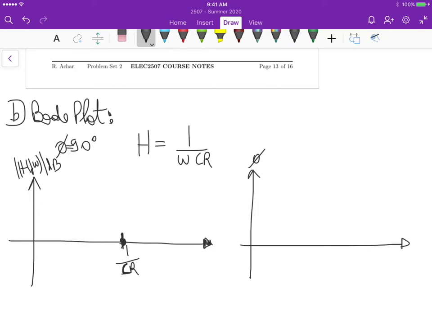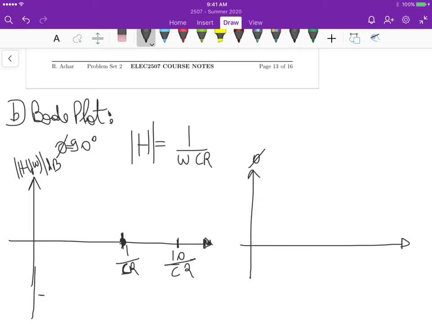Because the magnitude decreases by 20 dB per decade, at 10 times 1 over CR we will have minus 20 dB.